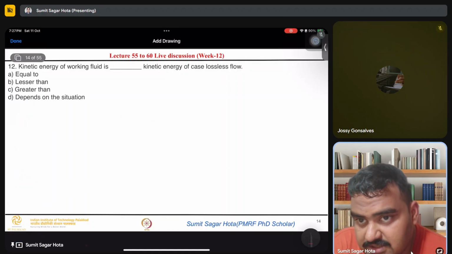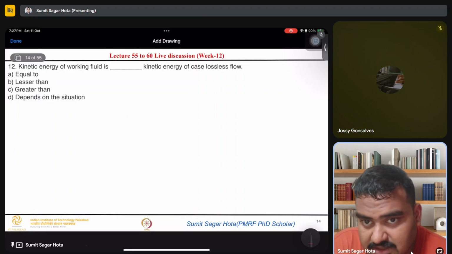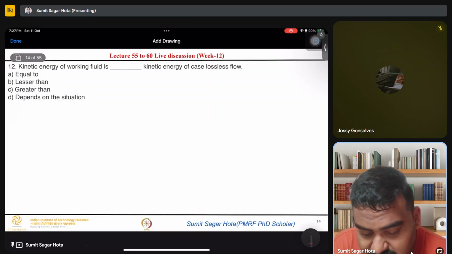The kinetic energy of the working fluid is dash the kinetic energy of the lossless flow.